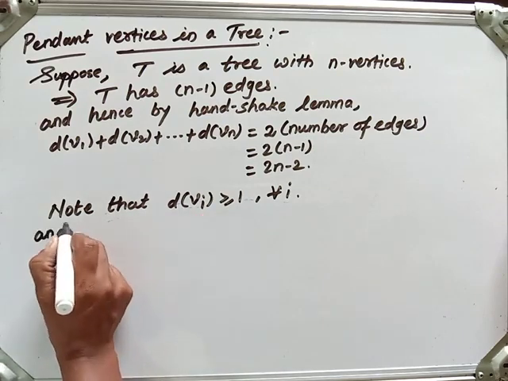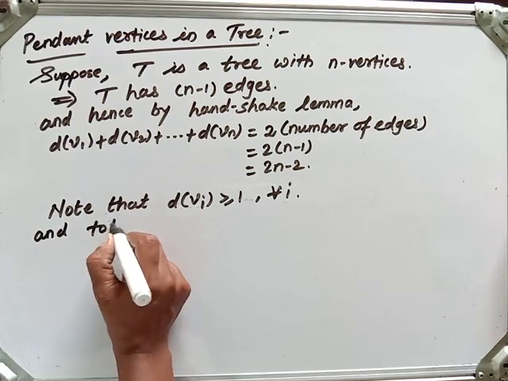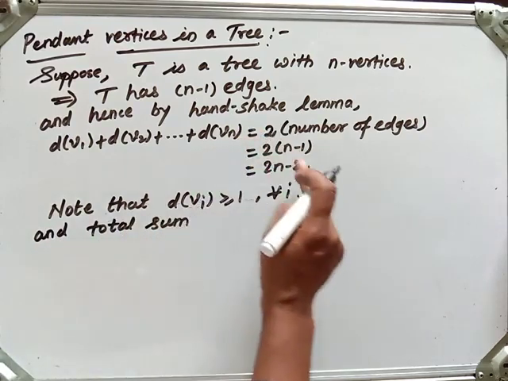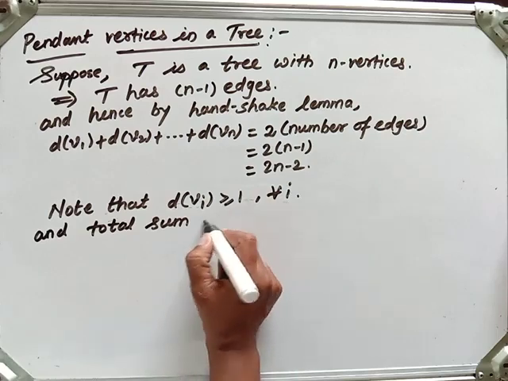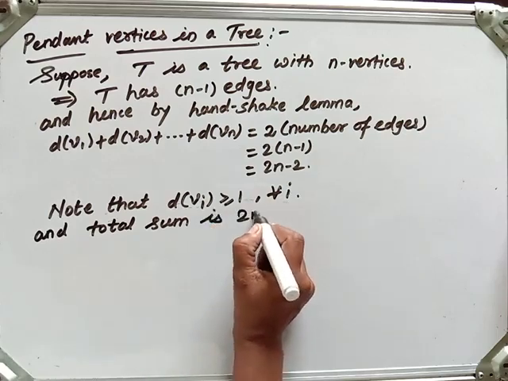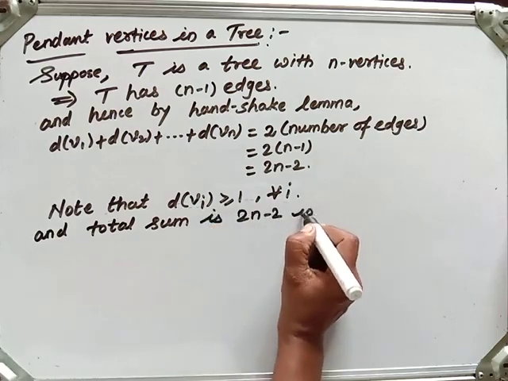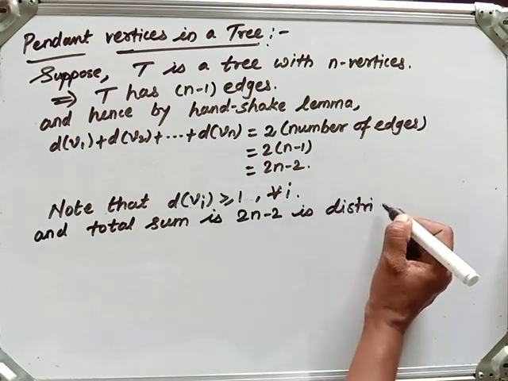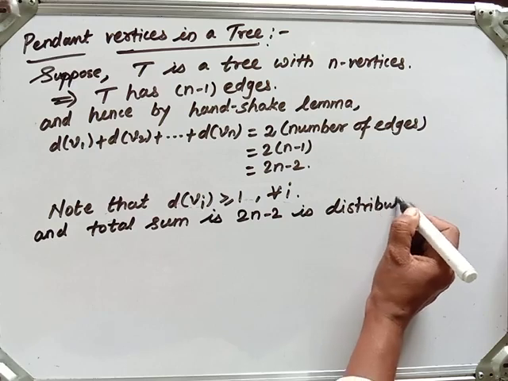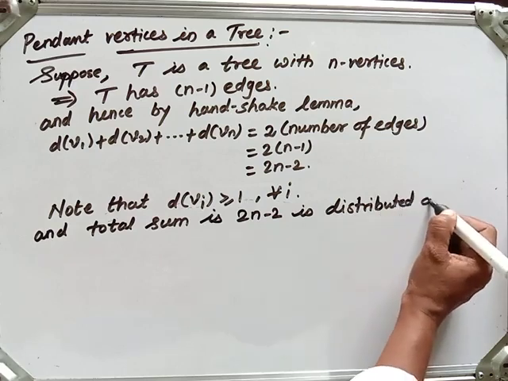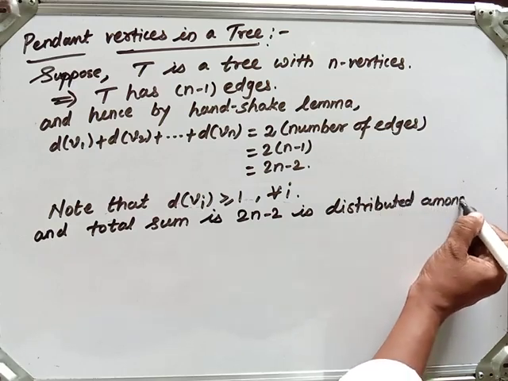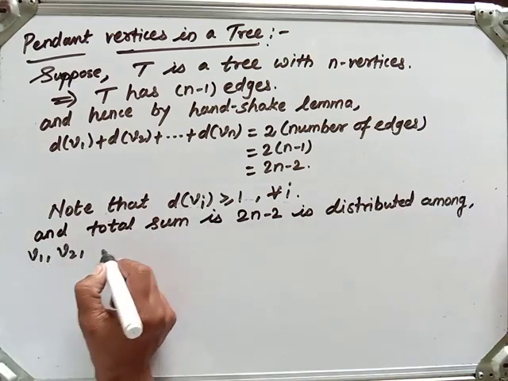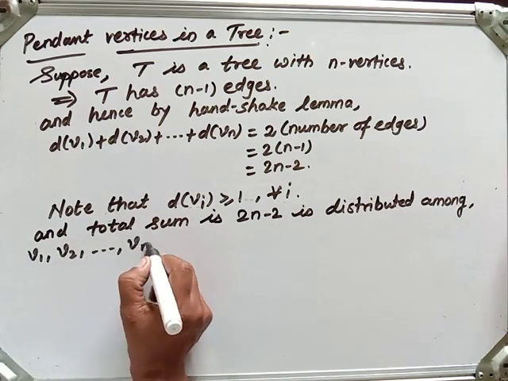And the total sum of degrees is how much? 2n minus 2. The total 2n minus 2 is distributed among v1, v2 and so on up to vn. n vertices are there.